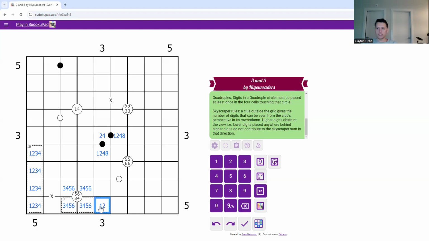This is always a low digit, which means it's always going to be one of the 3 skyscraper clues. Because, you know, if this is a 2, the lowest digit this can be is a 1. And actually, if this is a 2, this is an 8, isn't it? It is. That's true.